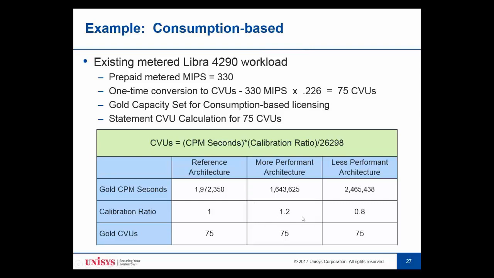So we're normalizing for more or less performant hardware. Likewise, if you run it on hardware that is 20% less performant than the reference architecture, you would have more seconds available, in this example 2,465 seconds for your 75 CVUs of usage.